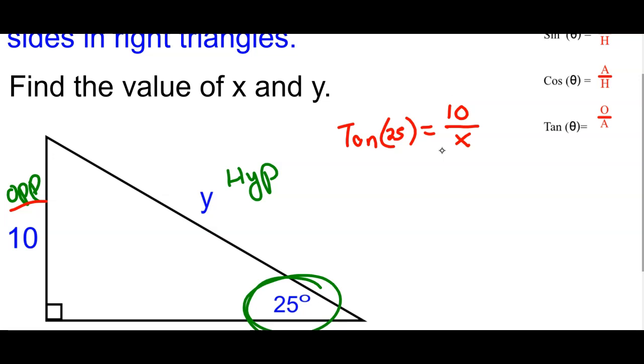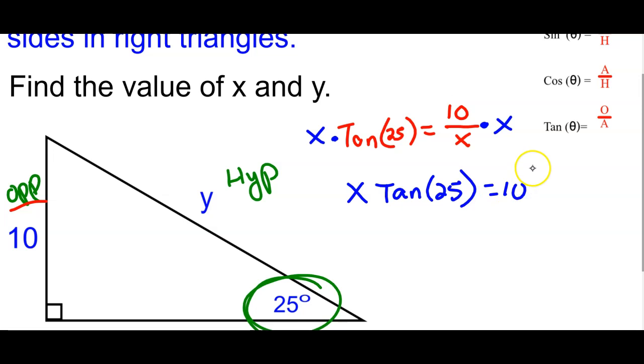We know that when we deal with fractions, if we multiply both sides by 10, trying to get x by itself, you end up with 100 over x, not x by itself. So what you want to do instead is multiply both sides by x. And you get x times the tangent of 25 is equal to 10.